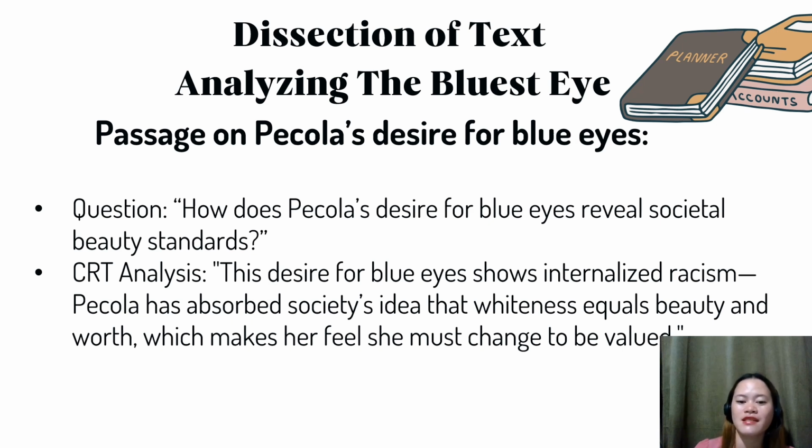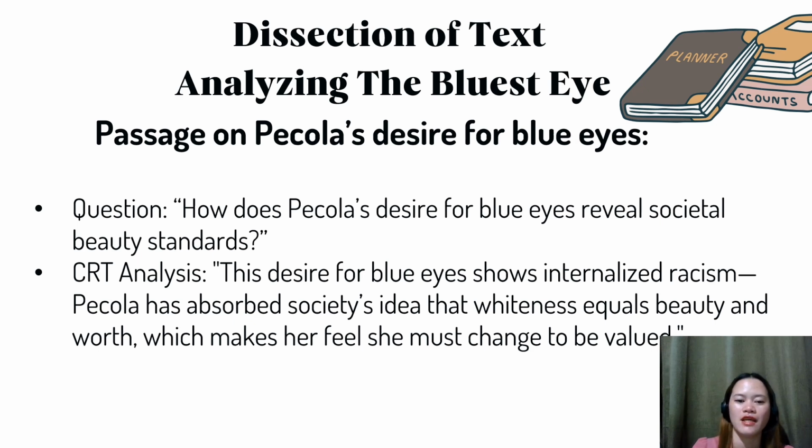This desire for blue eyes shows the internalized racism Pecola has absorbed in her society, that whiteness equals beauty and worth, which makes her feel she must change to be valued in her community.